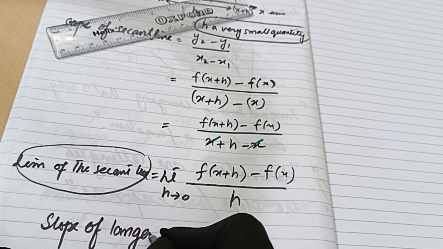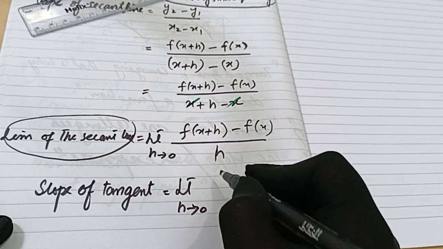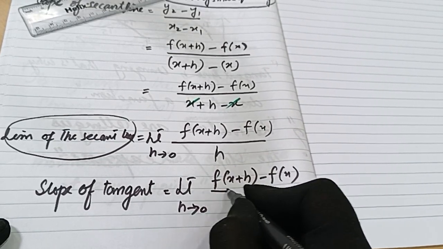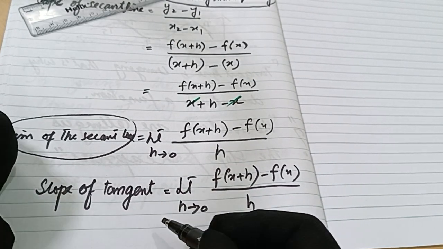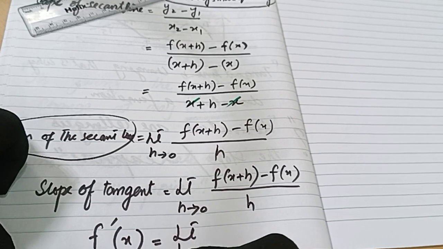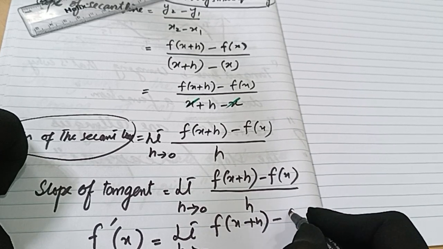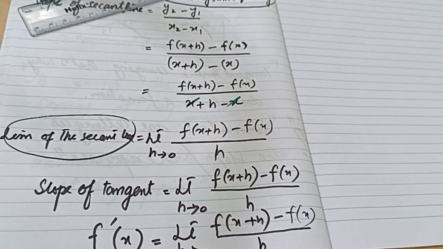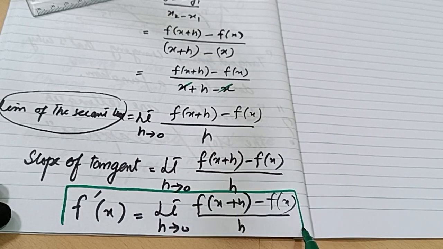Slope of the tangent at that point is the limit as h approaches 0 of f of x plus h minus f of x over h. This one we can say, when y is a function of x, as f prime of x, that is equal to the limit as h approaches 0 of f of x plus h minus f of x over h. And this is the basic definition of the derivative also.